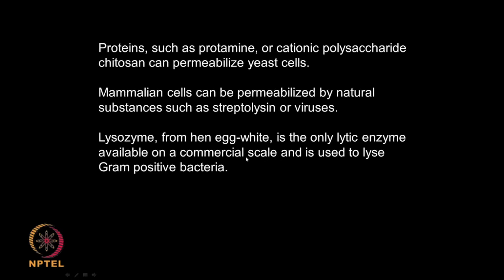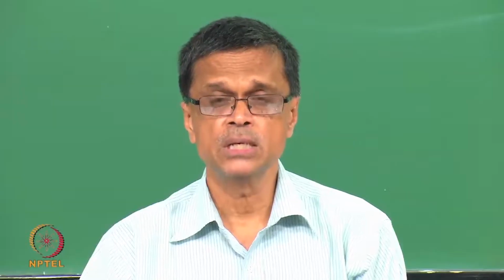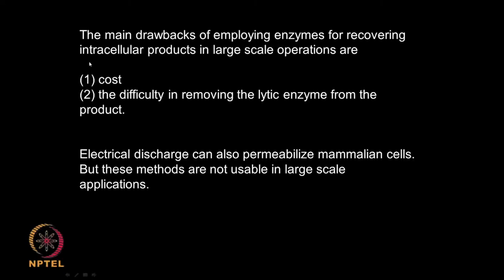Okay. So, lysozyme is quite cheap, and it can nicely make the cell wall of gram positive bacteria porous, and thereby allow the release of the intracellular material. Okay. So, cost could be a main drawback of this, and then removing these enzymes from your final product could be a drawback.